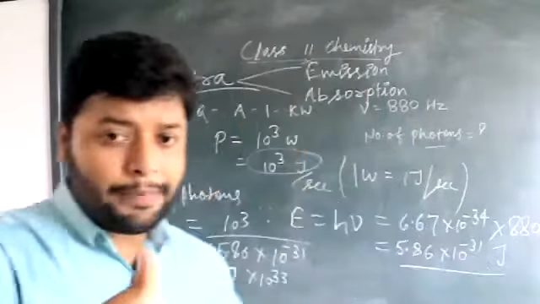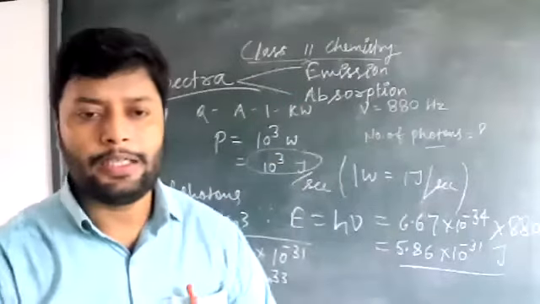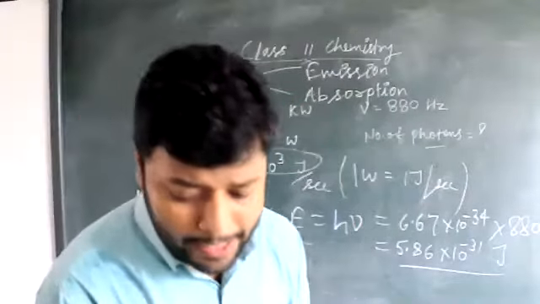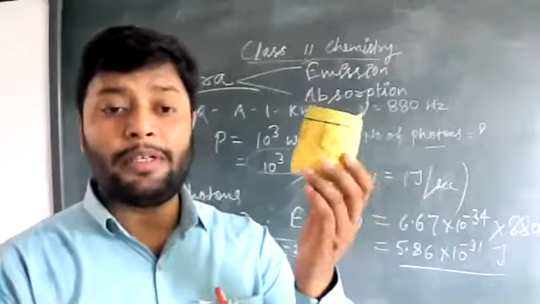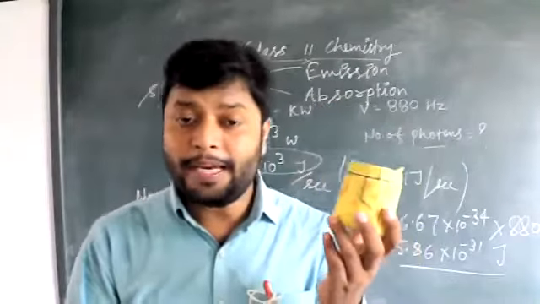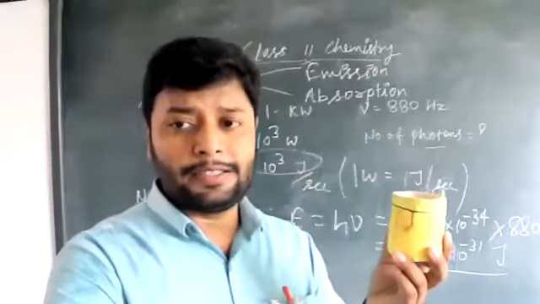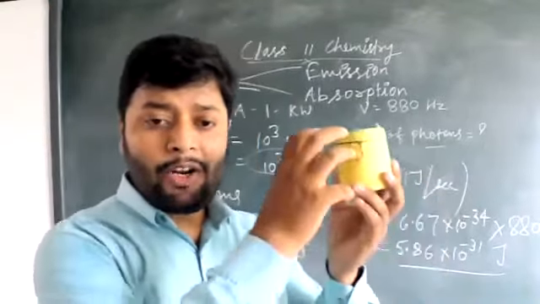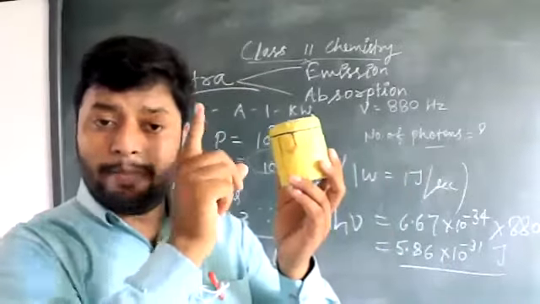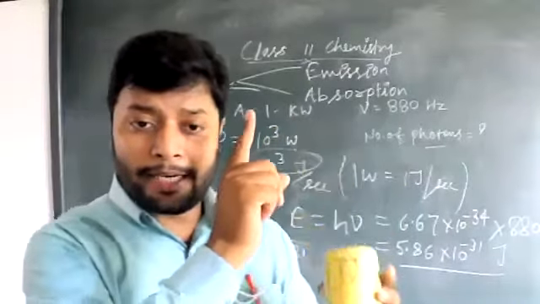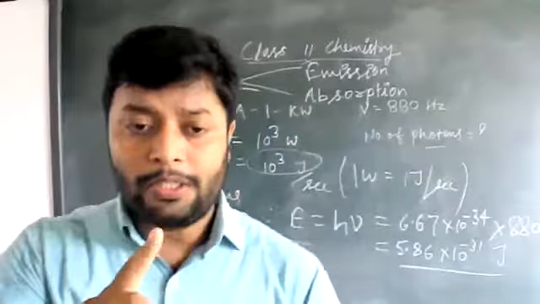So let us discuss emission spectrum one more time. Suppose this is the illuminating body, the body that emits radiations. When the illuminating body emits some radiation, that radiation passes through the prism.